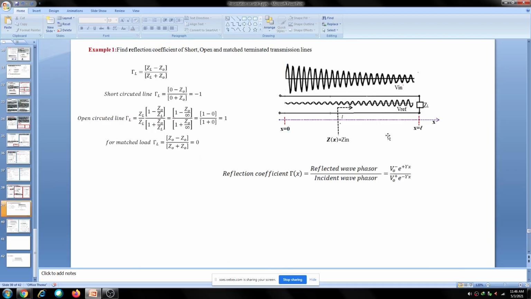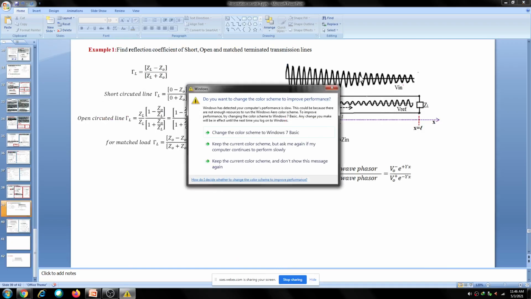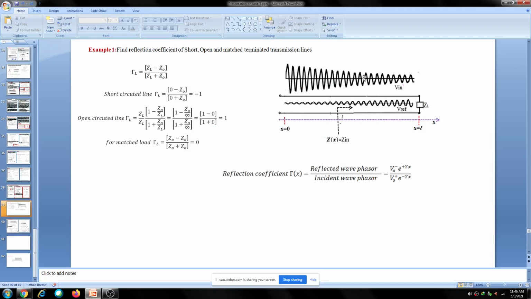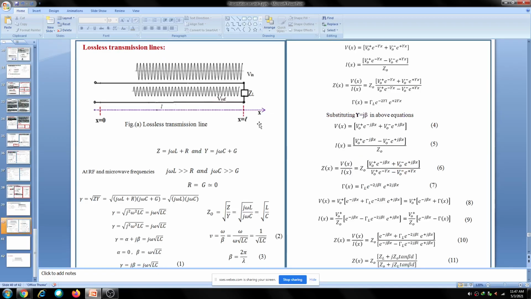But in the case of alpha greater than 0, once the wave is generated, as it travels its amplitude decreases. Similarly, the reflected wave is generated based on ZL, but its amplitude goes on decreasing as it moves, because alpha is not equal to 0. That is not the case for a lossless line.